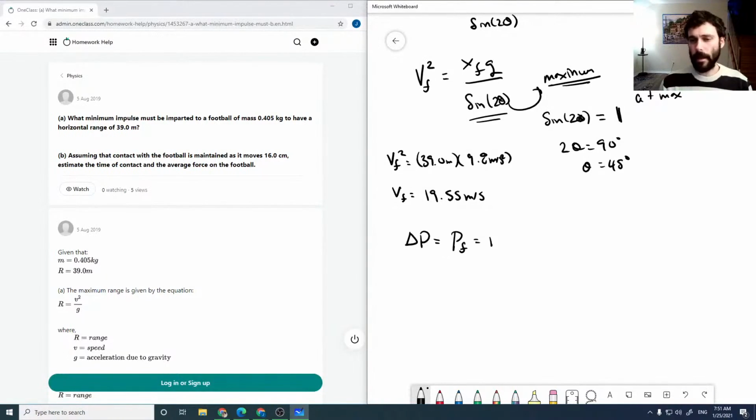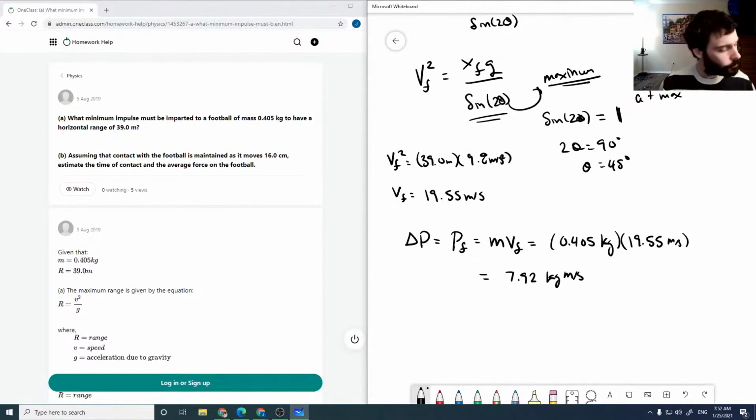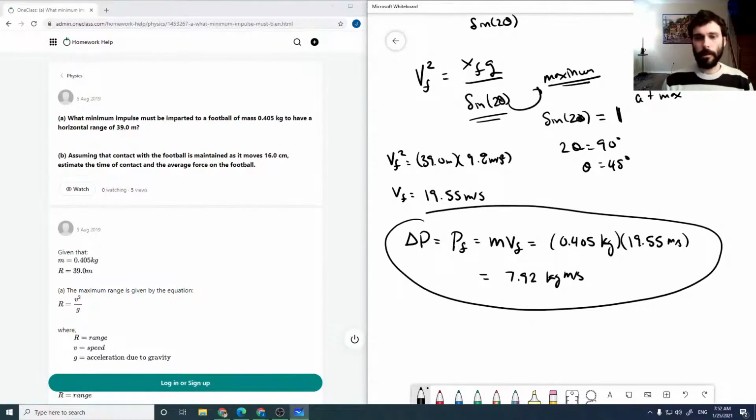And so it's our mass times our velocity, which is 0.405 kilograms times our 19.55 meters per second, which comes out to be 7.92 kilograms meters per second. Okay, so that's the first part. So there's our minimum impulse.